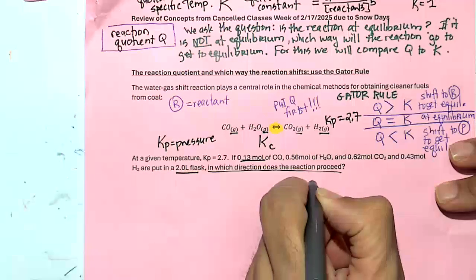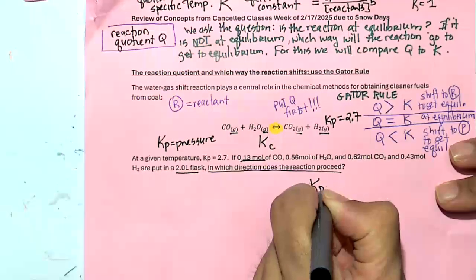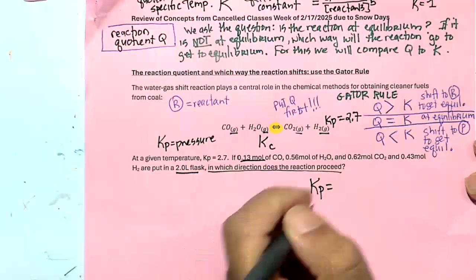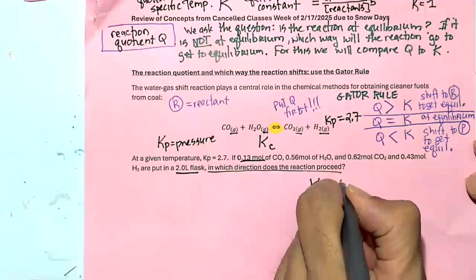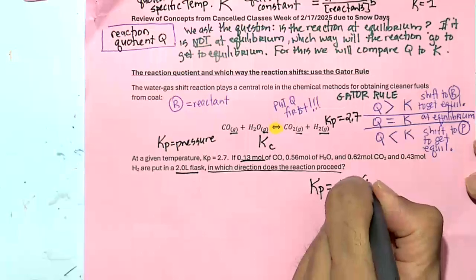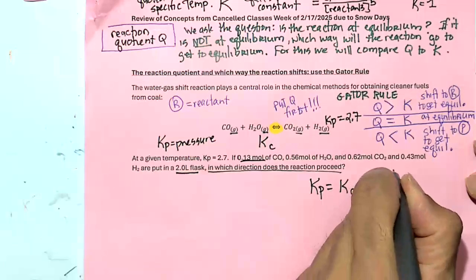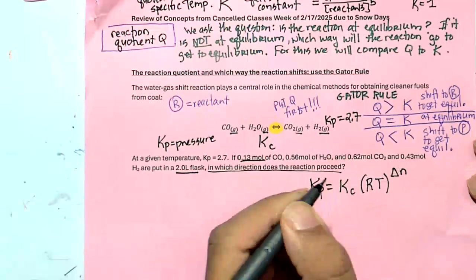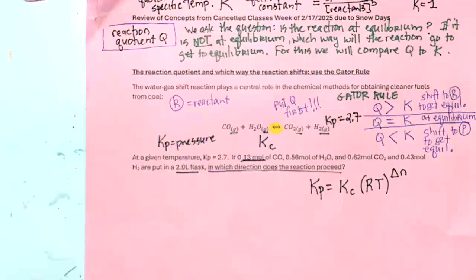Okay, the equation, I'll give you the equation on the exam, is this. Kp is equal to Kc times RT raised to the power of delta n.